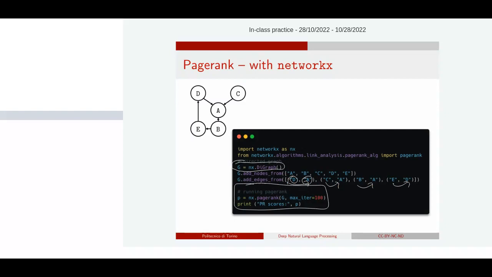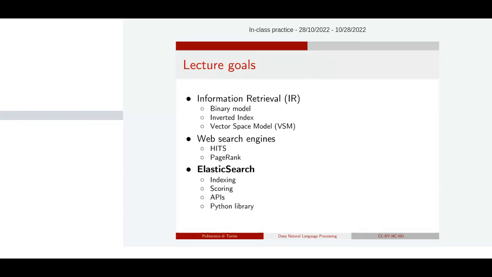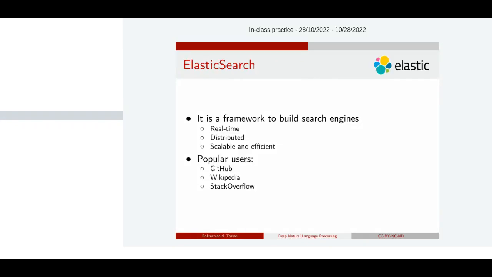If we define a graph with each sentence as a node, and compute some sort of similarity to weight the edges, we can then run PageRank to compute the most important sentences and select only a subset of sentences. We can do this kind of operation in other domains too. It's a general approach to compute the importance of a node in a given graph. If there are no questions, I can pass to Elasticsearch.